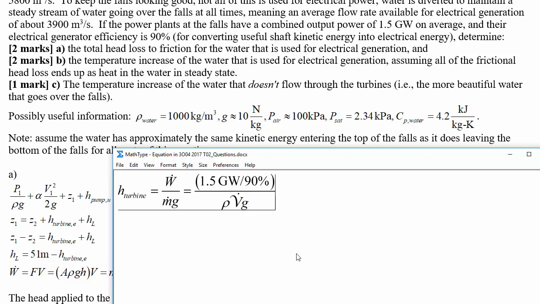Let's just do a unit check here. We have watts, which is a joule per second. We've got, in the denominator, kilogram per meter cubed. We've got meters cubed per second for the flow rate. And we've got g, which is newtons per kilogram.